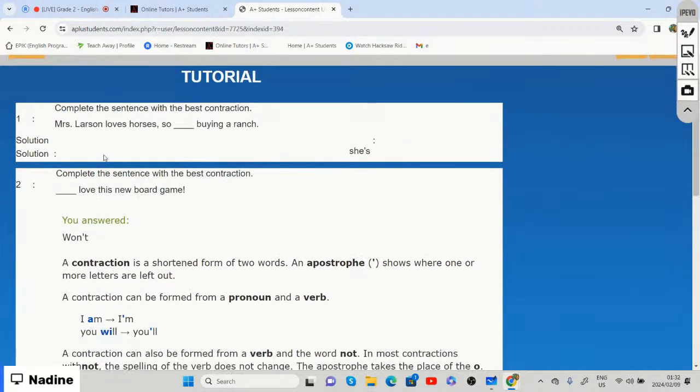So if we look at the first one, it says Mrs. Lawson loves horses. So we now need to say Mrs. Lawson, right? So she's buying a ranch.